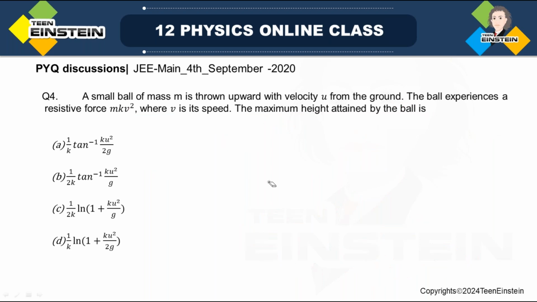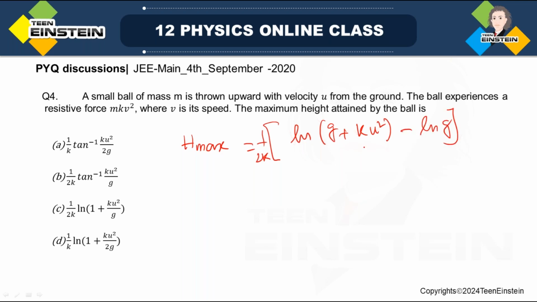Let me clean everything here. So I have got h max equal to 1 by 2k times ln g plus k u square minus ln g. This I will write as a division: ln of g plus k u square divided by g.